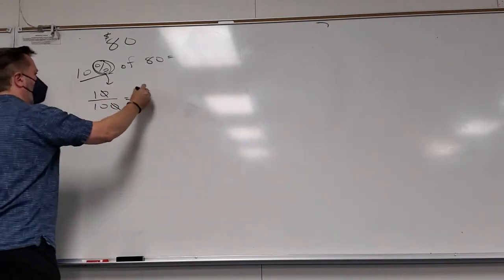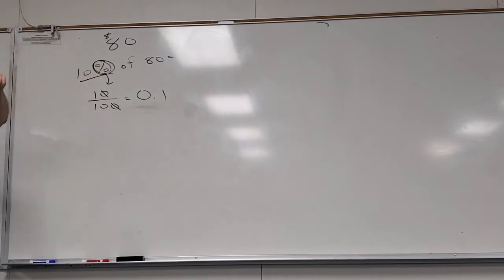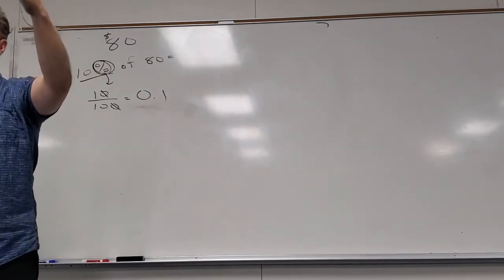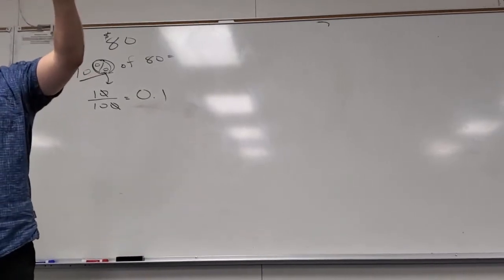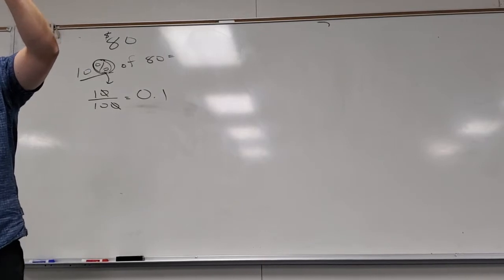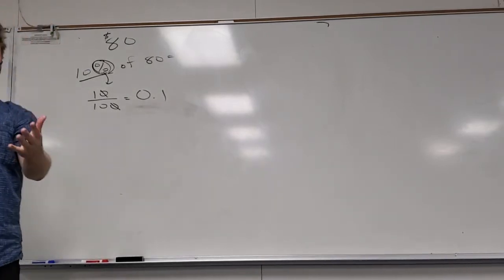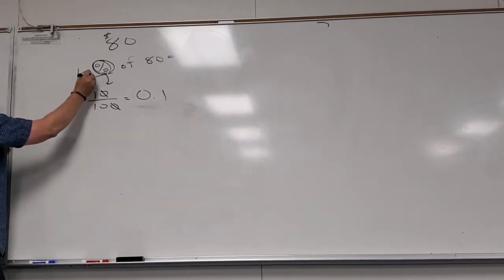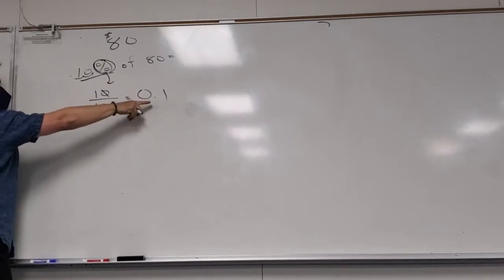So what's the shortcut then? If percent symbol means per 100, it means you divide by 100. And what happens every time I divide by 10? The decimal goes back once, right? So if I divide by 100, I move the decimal back twice, because I'm dividing by 10 twice. So where's the decimal here? It's right there. Once, twice, 0.1.